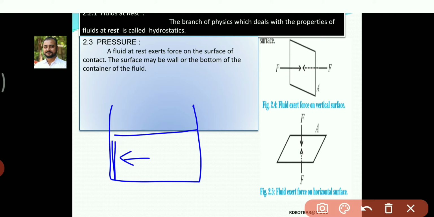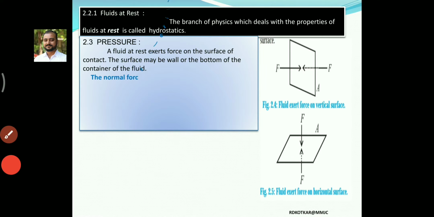It will exert force on the wall of the container as well as the bottom of the container, and it can also exert force on the object kept inside this fluid. Here also the fluid exerts pressure.